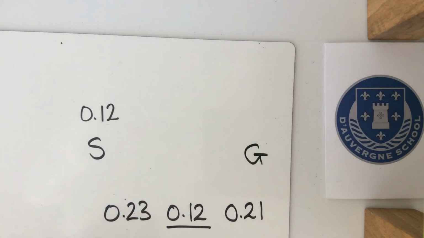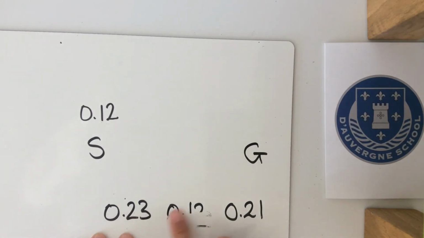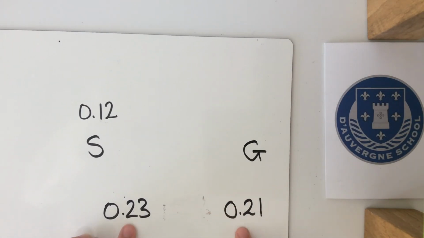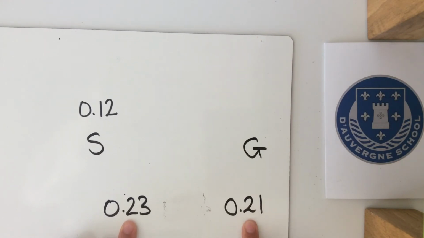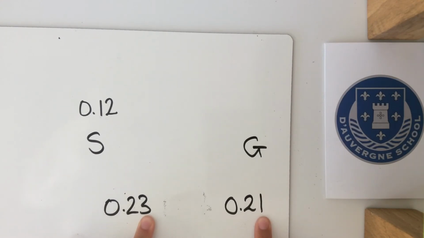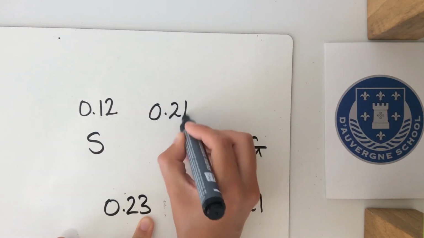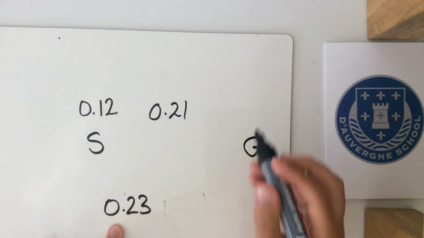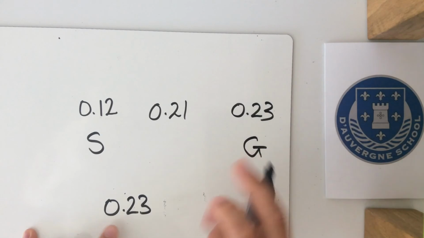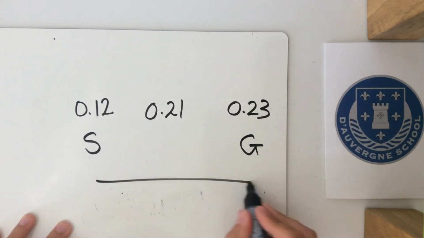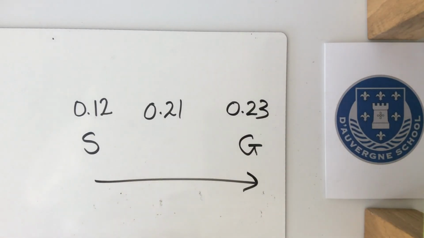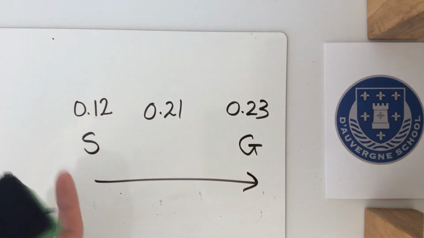The next smallest we've got out of these 2 here, let's rub this one out, 0.23 and 0.21. They've got the same amount of tenths, so we look to the hundredths column. Which one's got the least in the hundredths column? 0.21. So that means the greatest is 0.23. So remember that's increasing in size, so well done if you got that correct.